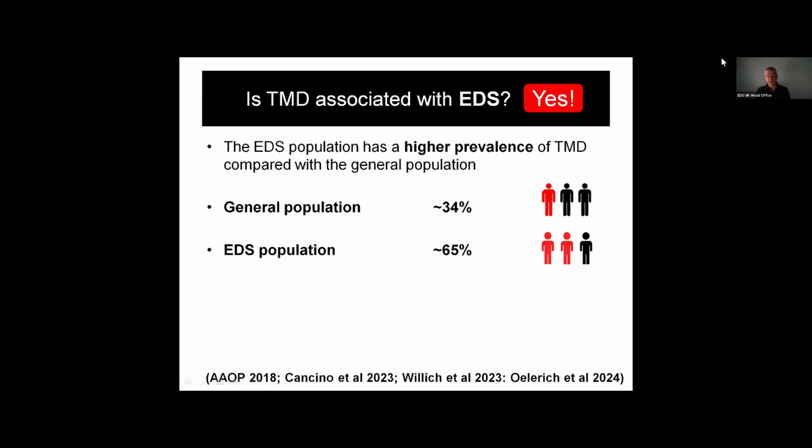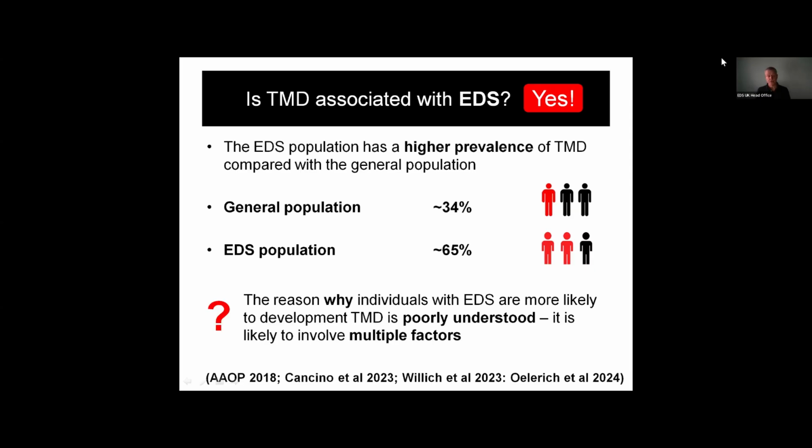The current literature suggests that in the EDS population, this is more likely to be about 2 in 3, significantly higher. The reason why individuals with EDS are more likely to develop TMD is poorly understood. However, it's likely to be due to multiple factors.